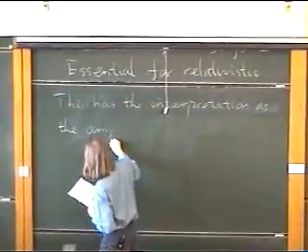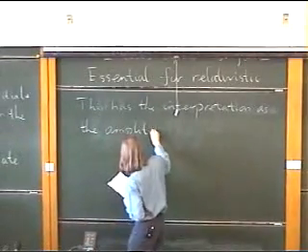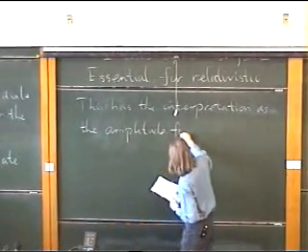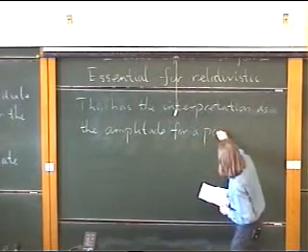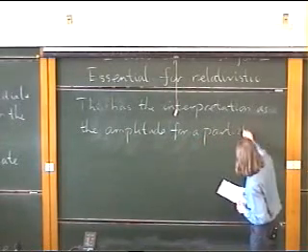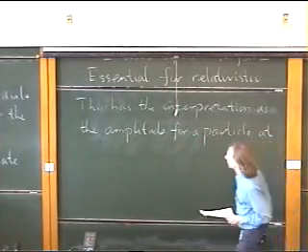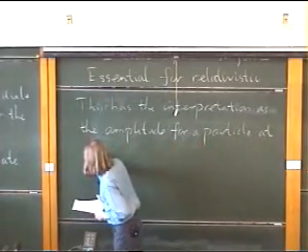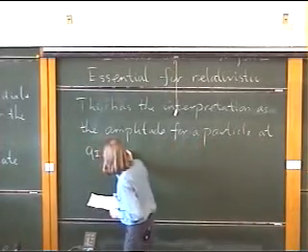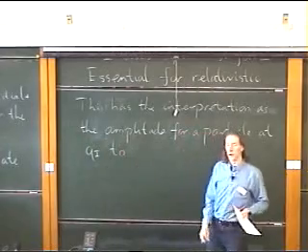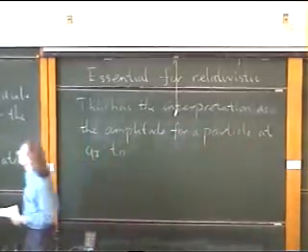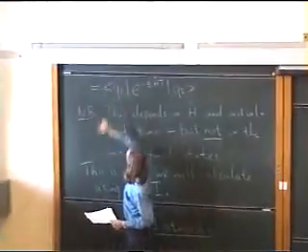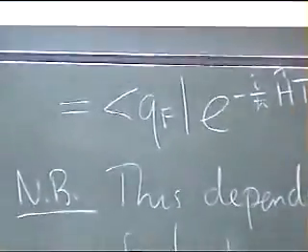So it's the amplitude, so it starts at qi and it ends up in this final state. Again, that's a definite position qf, whatever qf we've chosen.